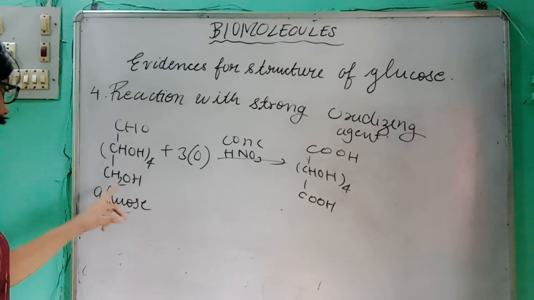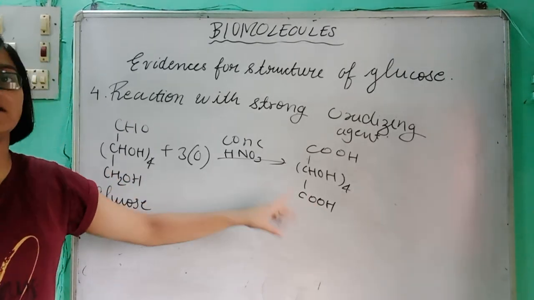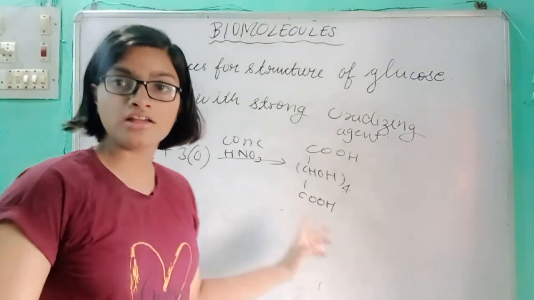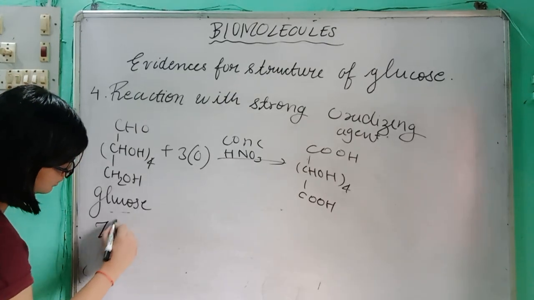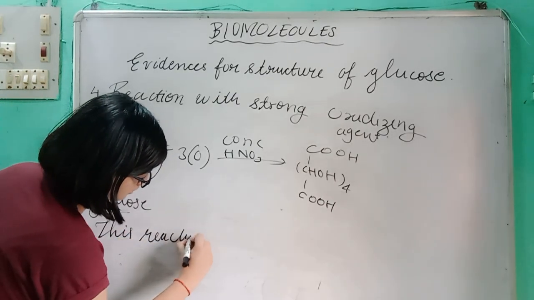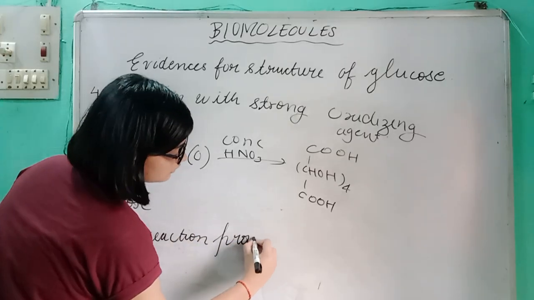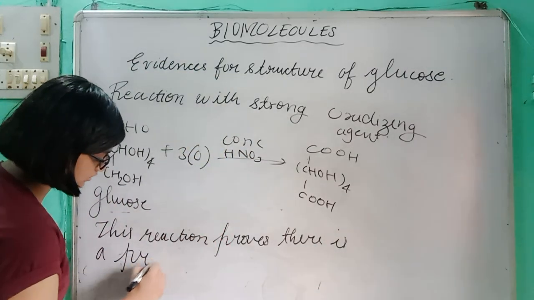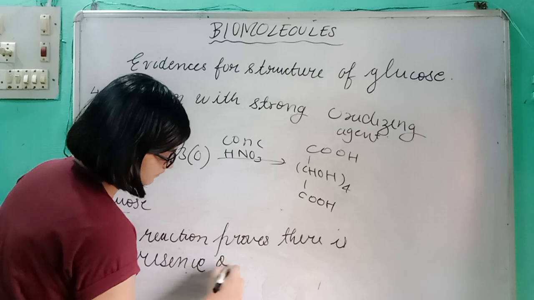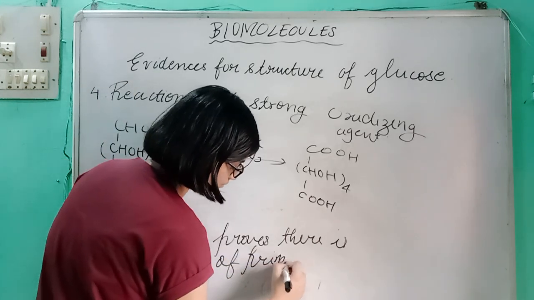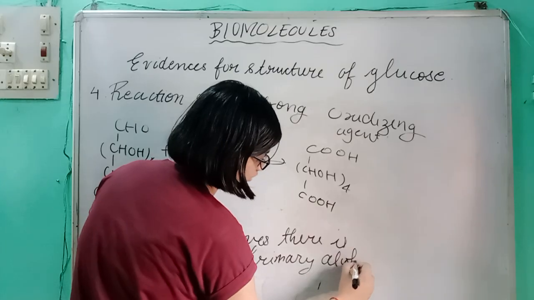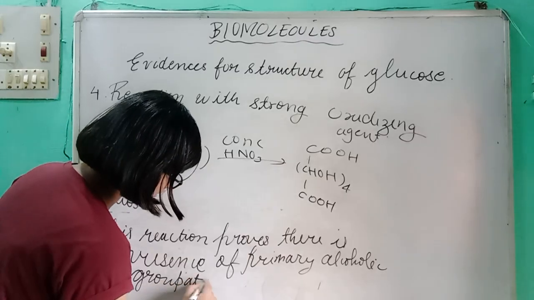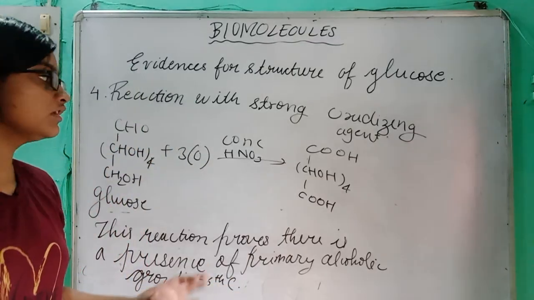And since here we can see the presence of a COOH group at the 6th carbon, we say that this reaction proves that there is a presence of a primary alcoholic group at the 6th carbon position.